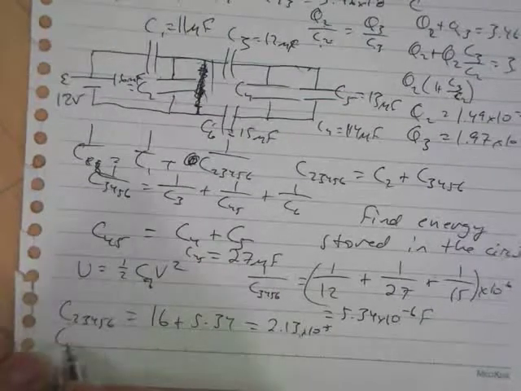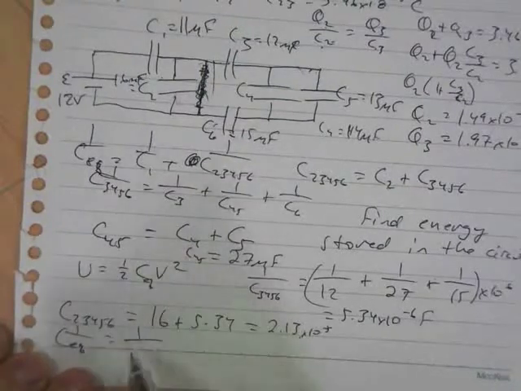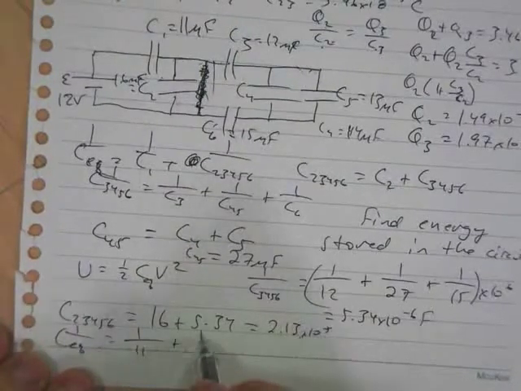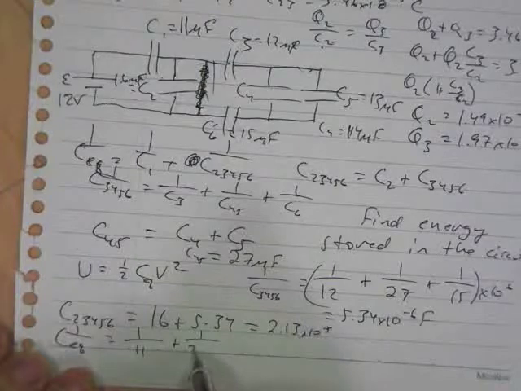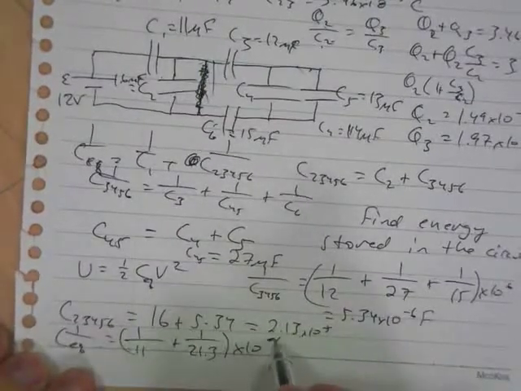And finally, 1 over CEQ is equal to 1 over C1, which is 11, plus 1 over the combination of the rest of them, the 21.3 times 10 to the 6th.